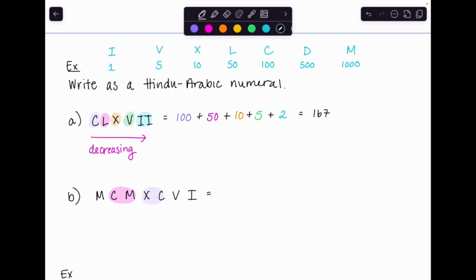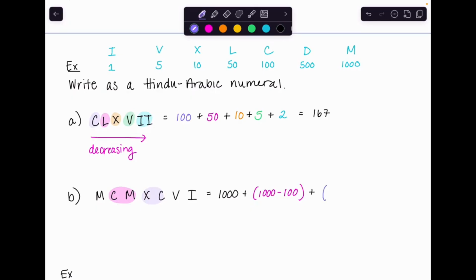So here, kind of comparing each of these pieces, starting with M, that is 1,000. But now for this, CM means I'm going to take 1,000 and subtract the 100. So M is 1,000 and we subtract C, which is 100.